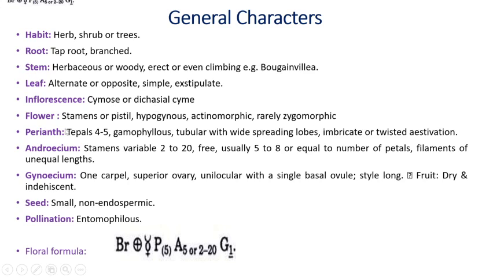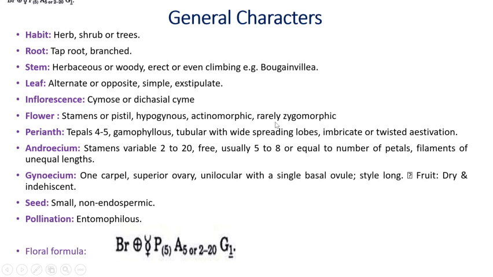Then flowers, stamens or pistil, hypogynous, that means with superior ovary, actinomorphic, that means if the flower is cut into two equal parts through any angle, it becomes divided into two equal parts.